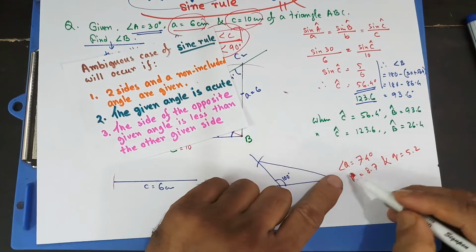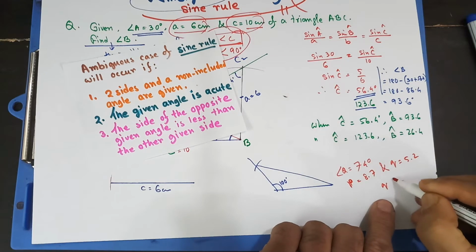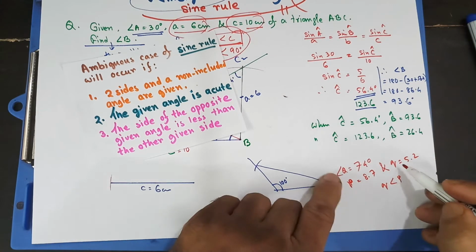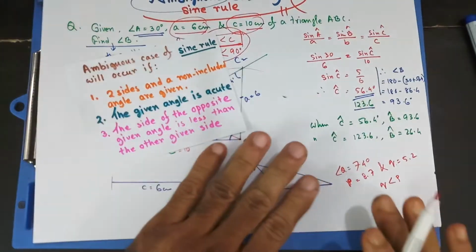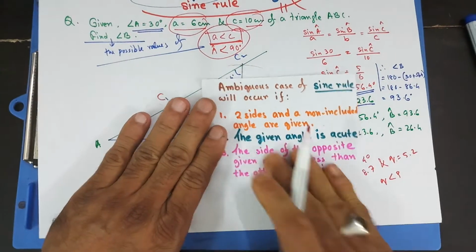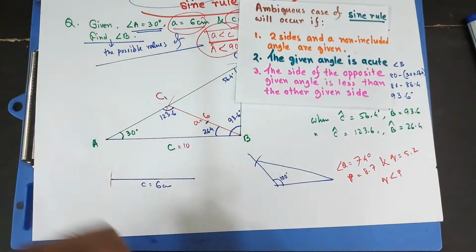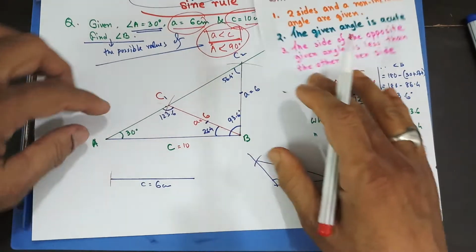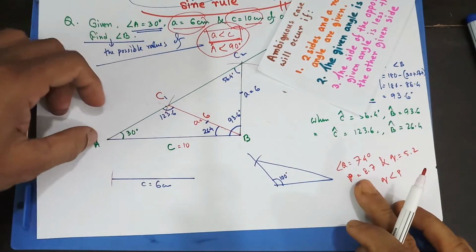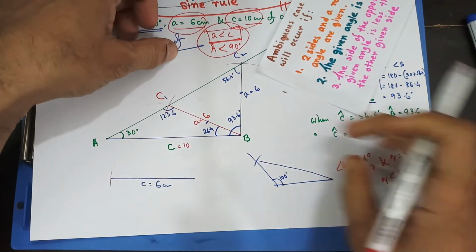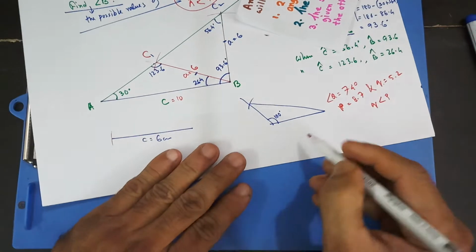Angle Q is 74, and q is opposite of that, so this is okay. q is less than the other side given, and q is the opposite side of the given angle, so that fulfills all of that. But when you draw this one, you're going to see that it's not going to work. Why not? Because when you draw this, and this q, it's not going to intersect with the given line. Let me show you this.